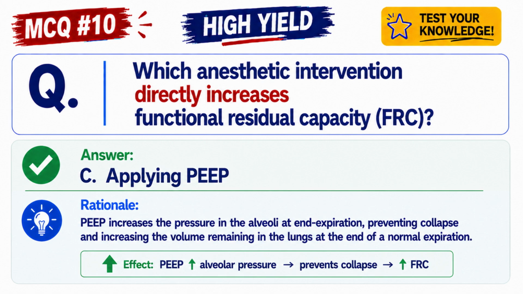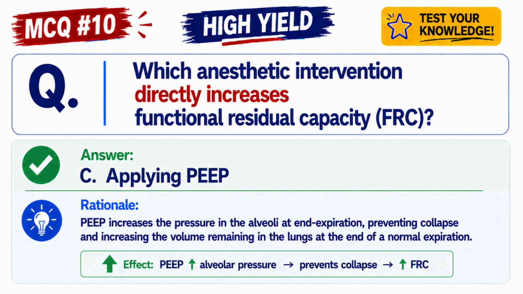It splints the airways open, preventing small airway collapse during exhalation. It recruits collapsed alveoli, reopening atelectatic regions that formed after induction from the FRC reduction caused by supine positioning and loss of muscle tone. And it increases the resting lung volume, functionally increasing FRC.